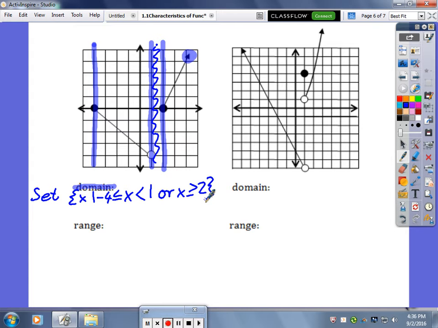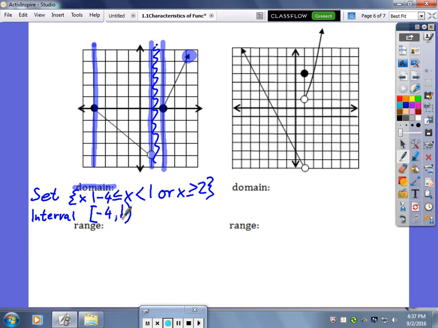In interval notation, we are also going to describe both parts of the domain by writing open brackets -4, comma 1 closing parentheses. 1 is not part of the domain.